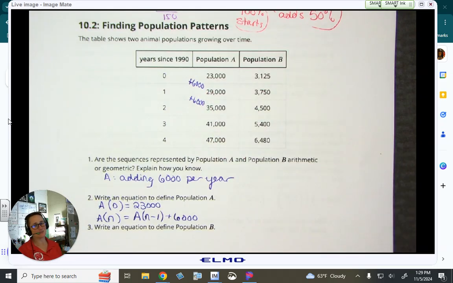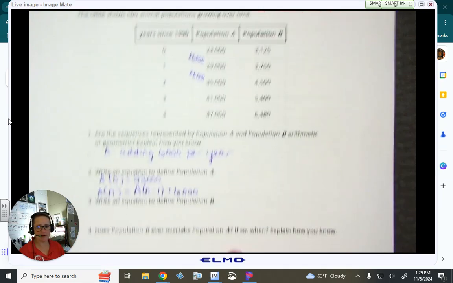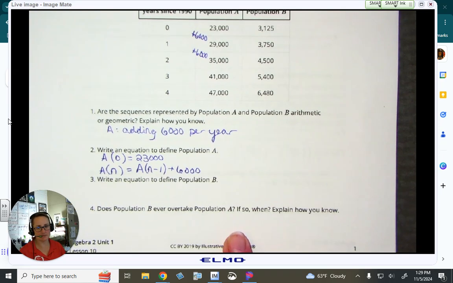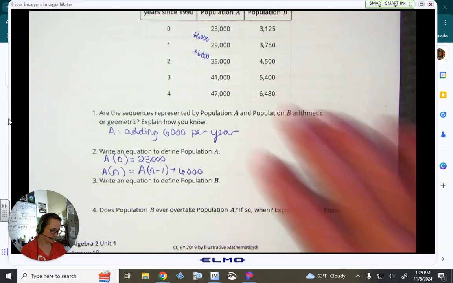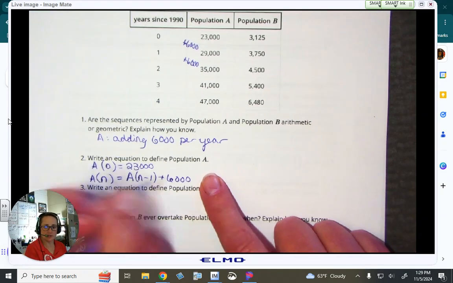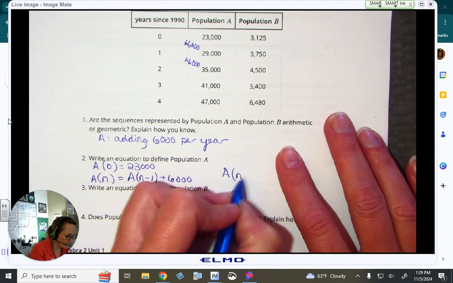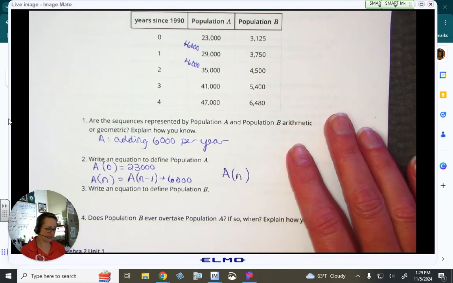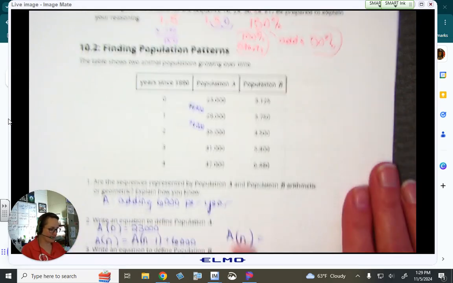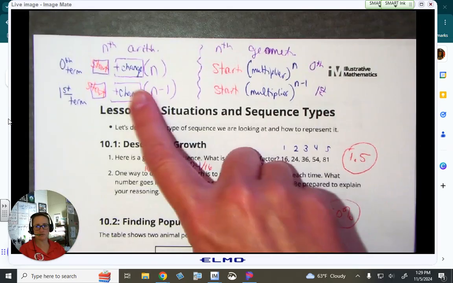I'm going to write the explicit equation also, just because I think it's going to ask me about when they're going to overtake. I might need to calculate out multiple years. So when I look at this, another way to do that is the nth equation, or an explicit definition. And if I have arithmetic, I'm going to go up to the top here and just refresh myself.